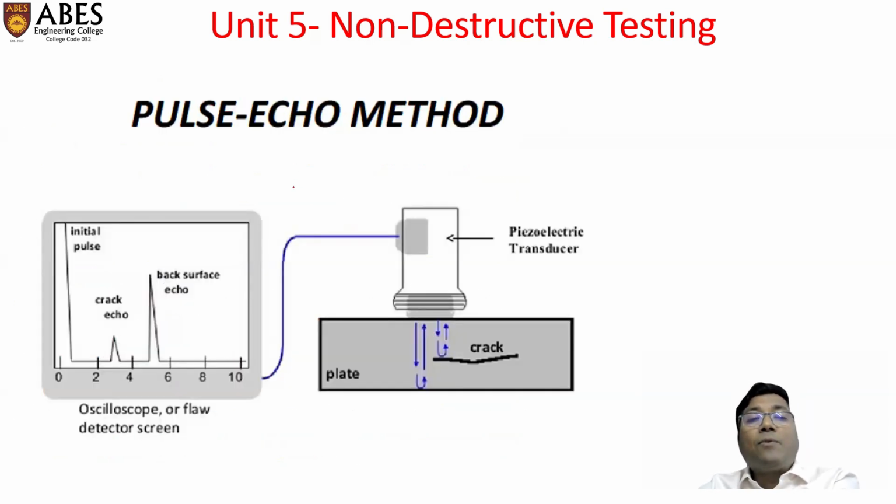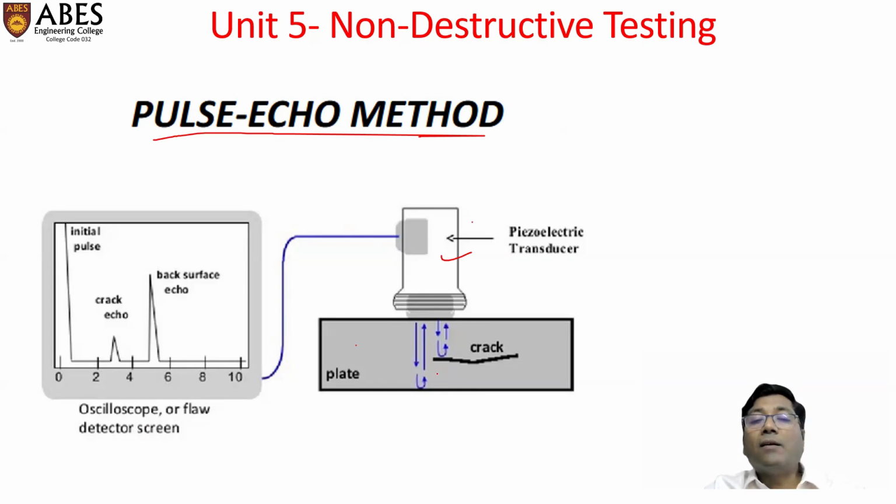So there are two types. The pulse echo method, with an oscilloscope or flaw detector scheme. A simple setup of ultrasonic testing is like this. The piezoelectric transducer is the probe, which is applied to this plate.